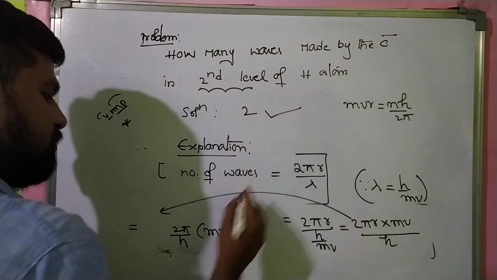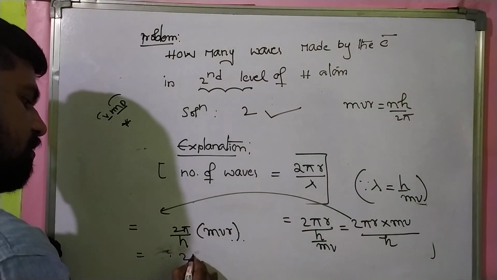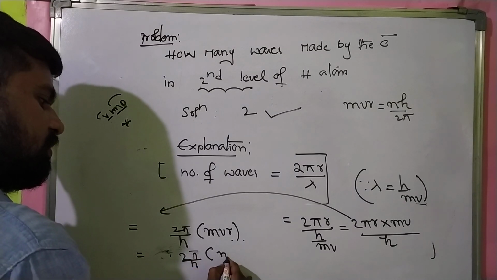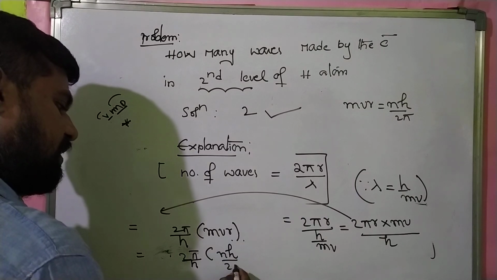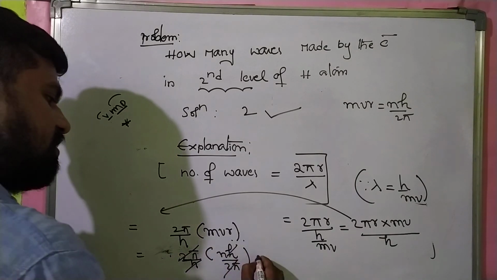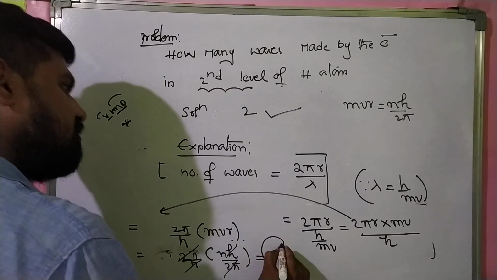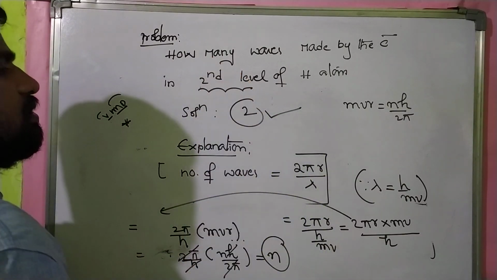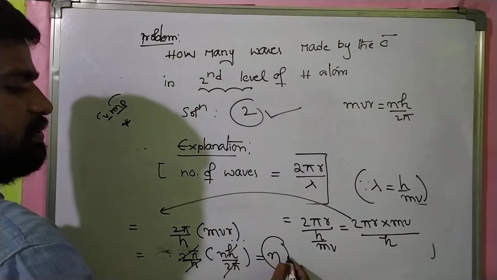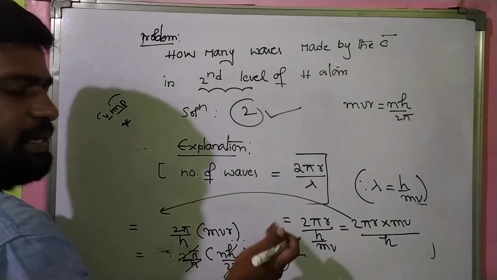Now put this value: 2 pi by h into nh by 2 pi. Now h cancels, 2 pi cancels, and it equals n. So the number of waves made by the electron equals its orbit number.